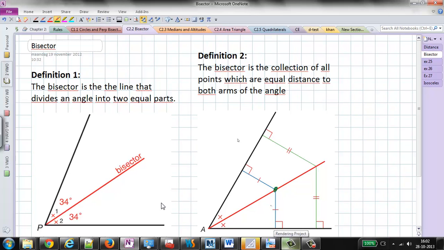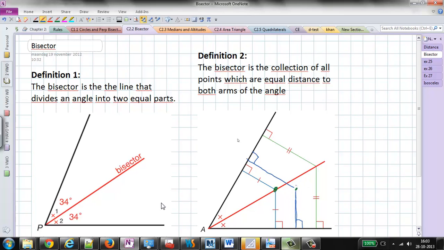And as a kind of counterexample, we can clearly see that if I consider this point and the perpendicular, we'll use blue here, the perpendicular, okay, so the distance to this arm, and then also the distance to that arm, we clearly see that this distance is not the same as this is.